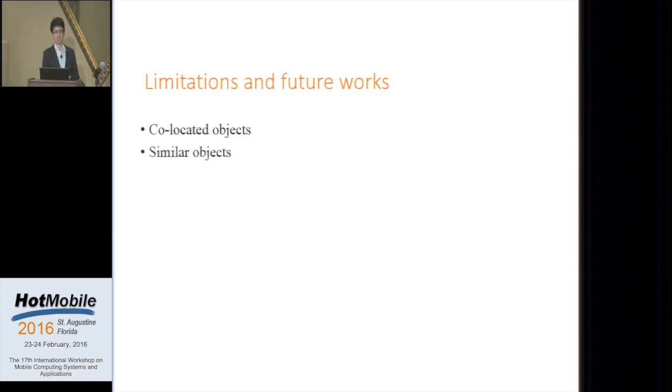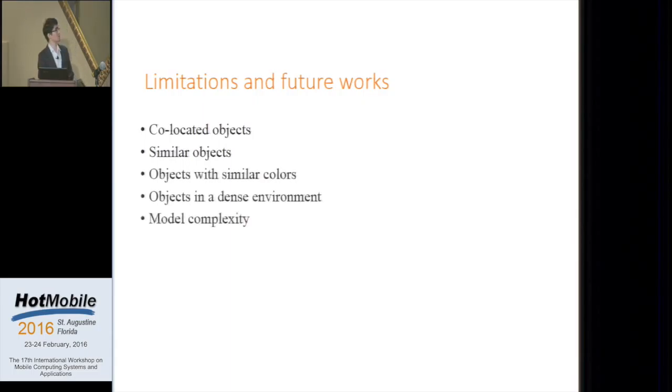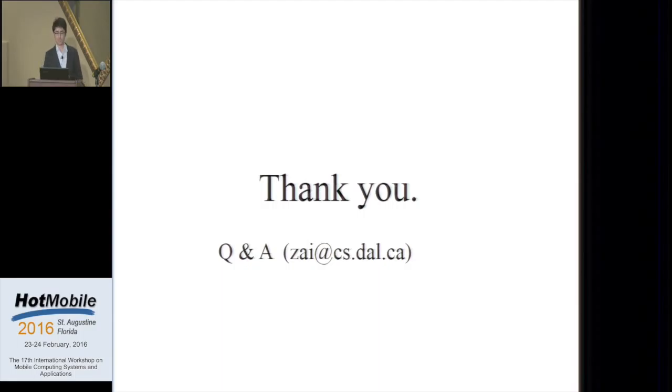Also similar objects: if there are like 100 of the same object, like crews, there are a lot of similar objects, so that could be a problem. And objects with some color, objects in dense environments, model complexity, and the relationship between components.